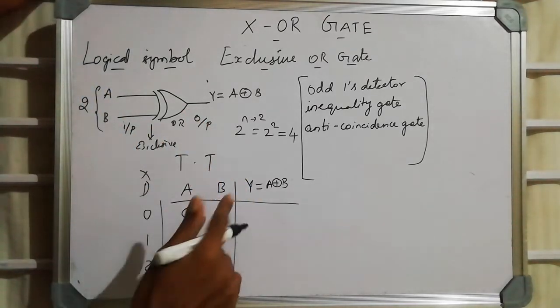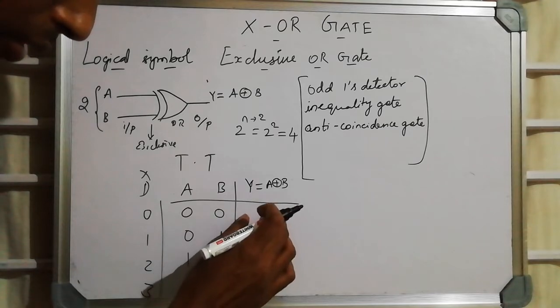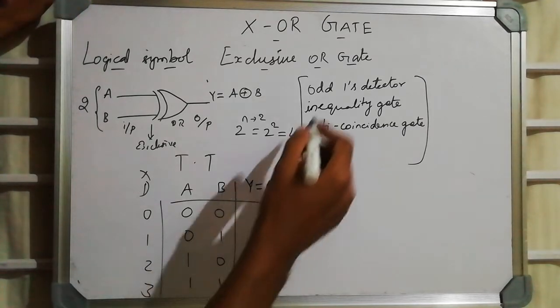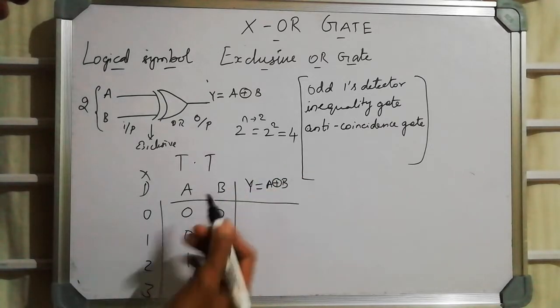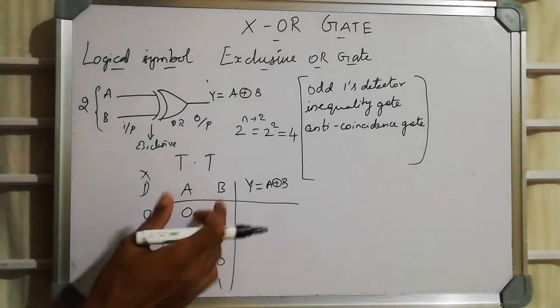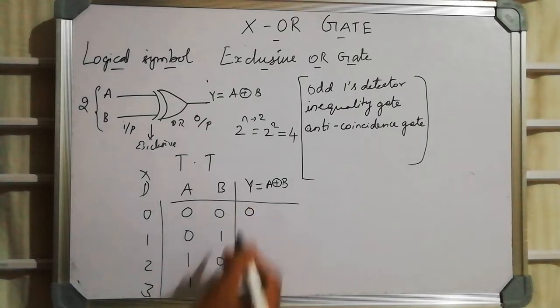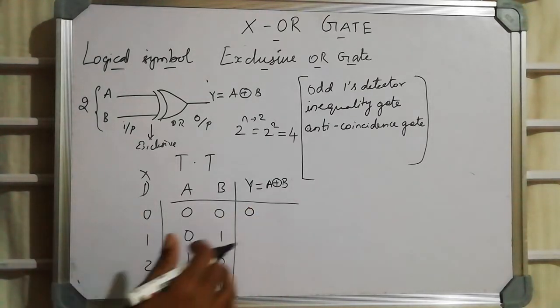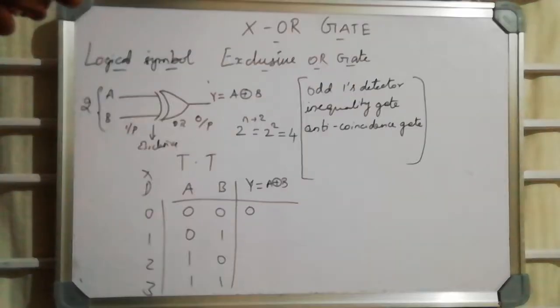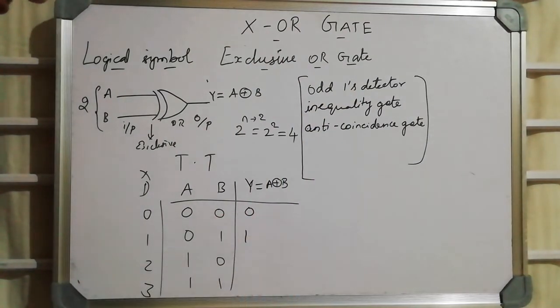Now we will see how to write this output. Odd ones detector, as I told you. Here we have 0 0, so we don't have any ones, so directly you can write 0. In this case we have only one 1, so it detects that and we put high. Here also we have only one 1, same as the previous case, so we can write 1.